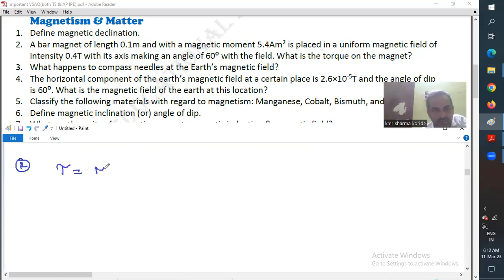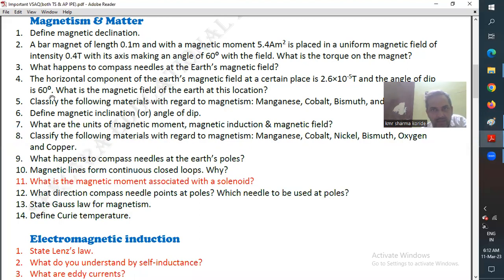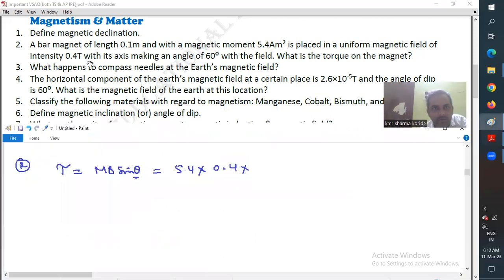Torque is equal to m B sin theta. The magnetic moment is 5.4, the magnetic field is 0.4 Tesla, and the axis is making an angle 60.